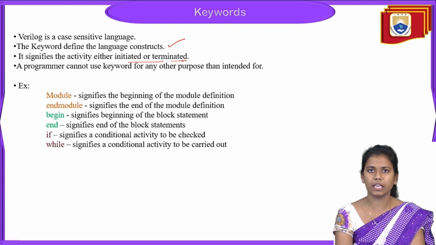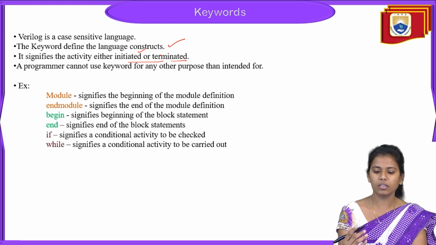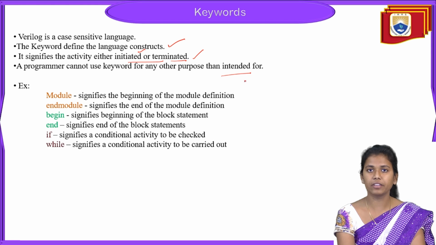So this particular keyword just describes the activity. Either it could be initiated or it could be terminated. Okay. Next, a programmer cannot use a keyword for any other purpose than what it is intended for.